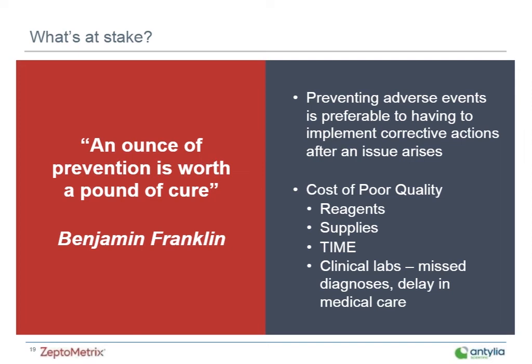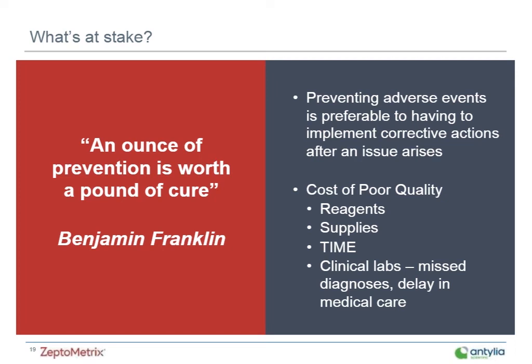So, for example, consider the cost of a poor quality control program in a clinical lab. If you're a lab running an instrument that gives patient results, say, you're short staffed, you're looking to cut costs, you take your QC procedure from daily QC down to weekly QC. So you're performing it once a week.